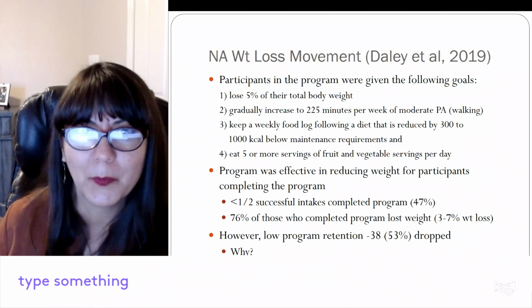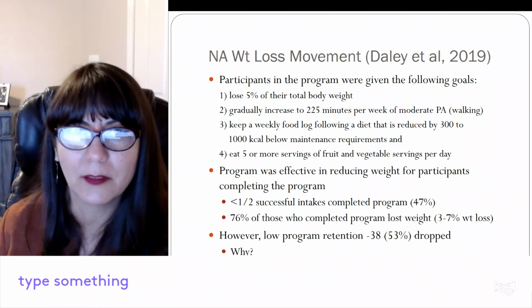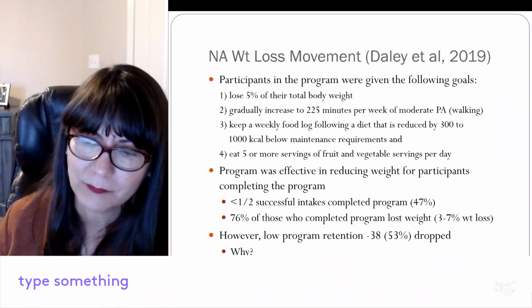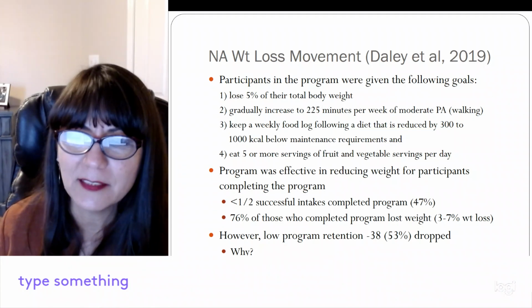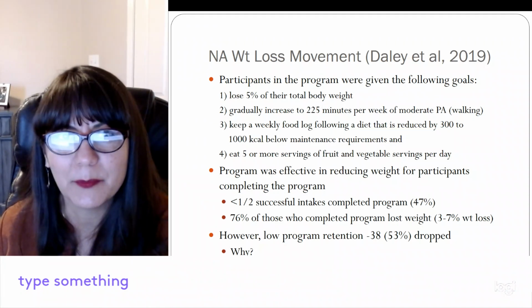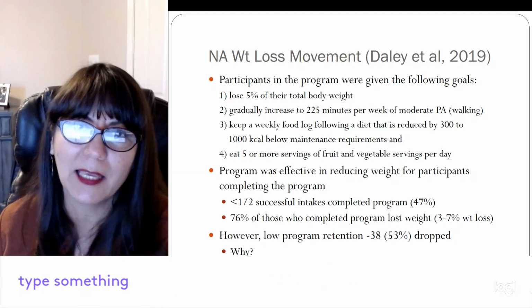But again, why did they lose so many participants and so early on, right? What were the characteristics of the people who dropped out? What were the remaining areas of mismatch? So that's something for you to explore.